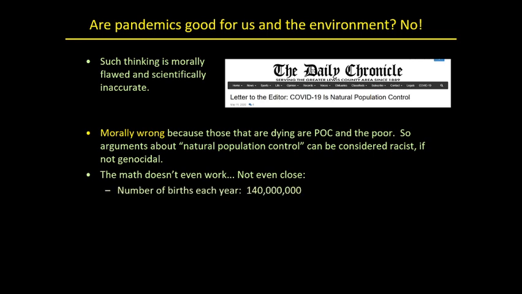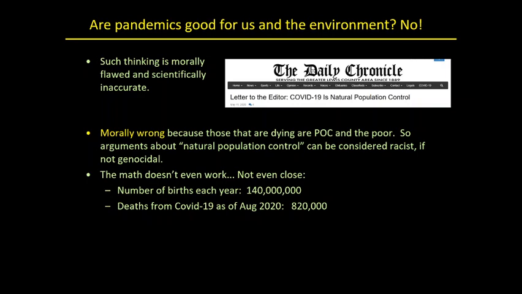Check out the math. The number of humans born each year is about 140 million, that's with an M, 140 million children born each year. How many people have died from COVID as of the end of August 2020? We're looking at about 820,000 since March.